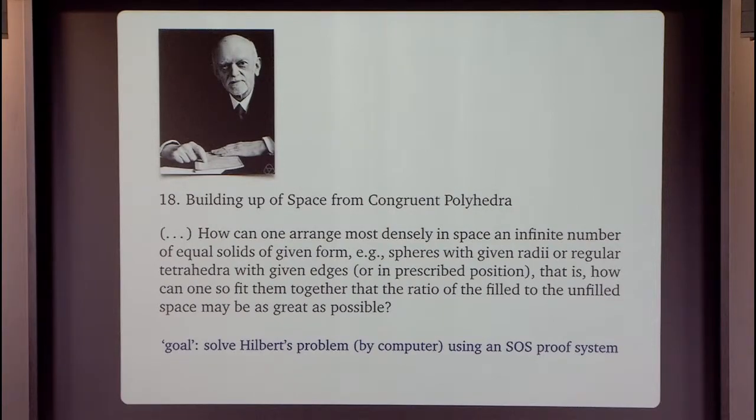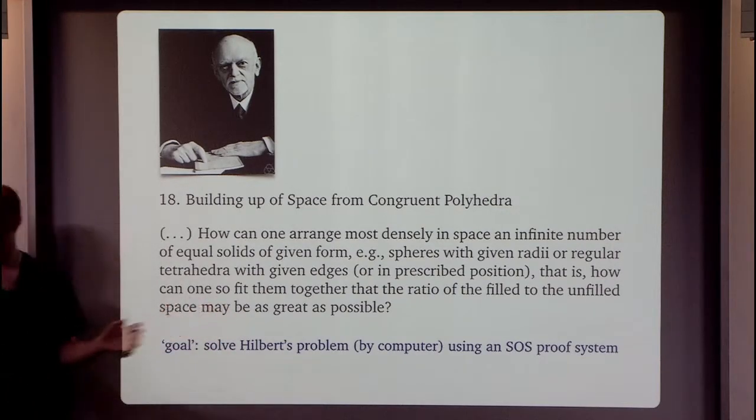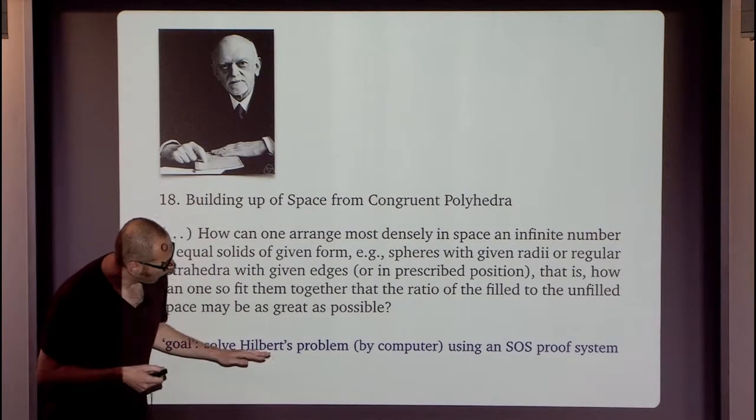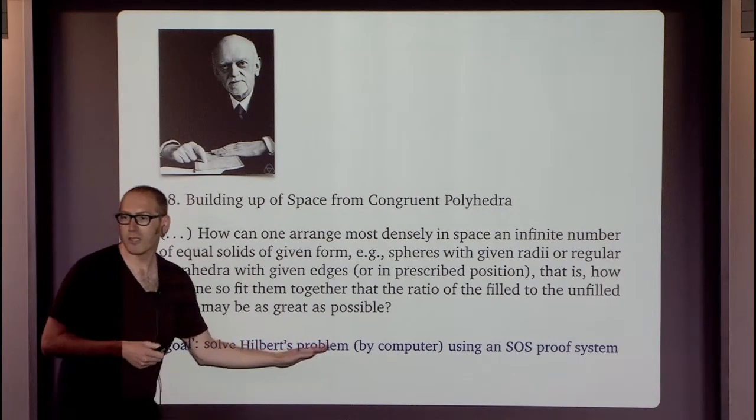Yeah, and the ambitious goal of this talk, maybe a bit too ambitious, but we all had a good lunch, so why not, is that we want to solve Hilbert's problem by computer using some SOS proof system. This will not work, of course, in the talk, but I want to convince you of a couple of things. The first thing is that there is no theoretical obstruction that this could work.